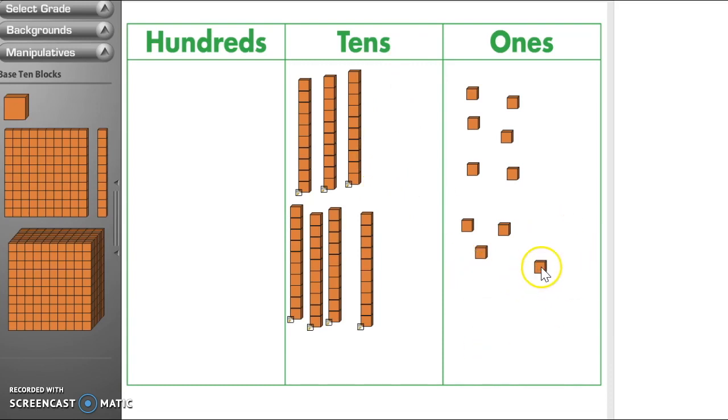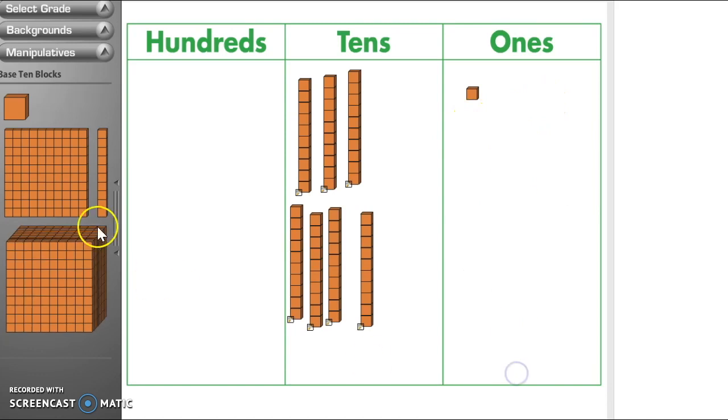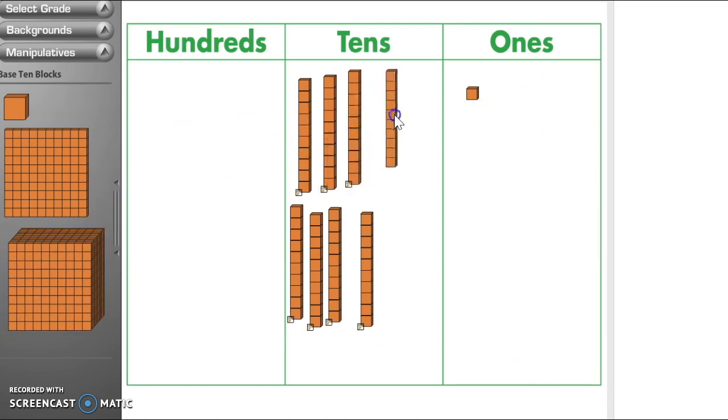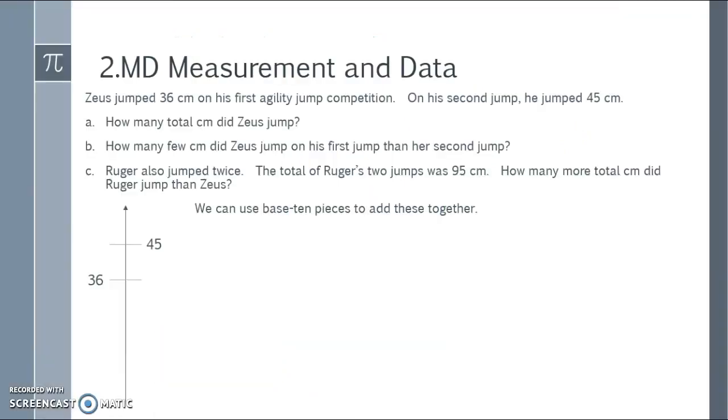So I'm just going to get rid of 1, 2, 3, 4, 5, 6, 7, 8, 9, 10 and exchange it for a 10. So I see I have 1, 2, 3, 4, 5, 6, 7, 8 tens and 1 one, so 81. So 81 centimeters is what Zeus jumped.